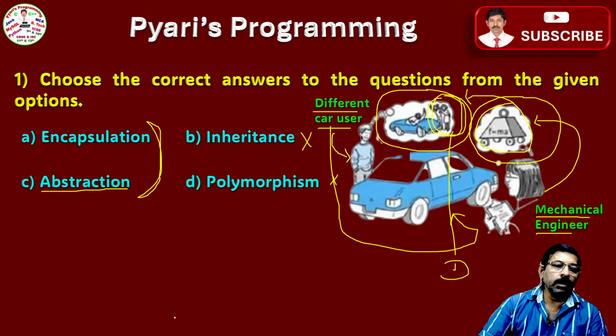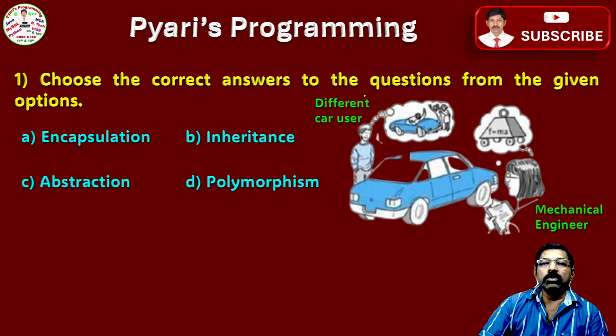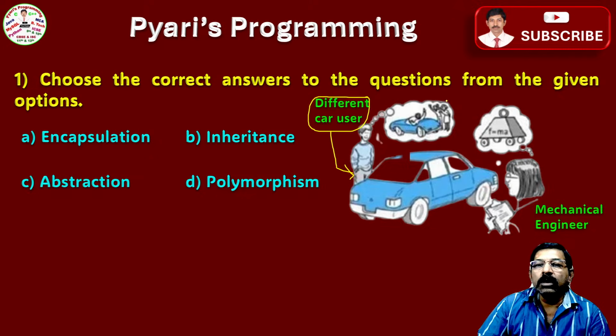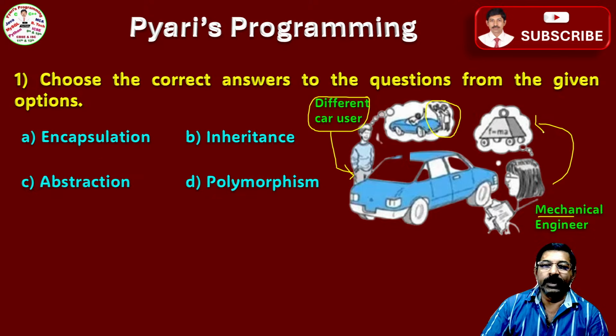Again I am repeating, different users are using this car. That's why other people are given in the figure, and the mechanical engineer is dealing with the concept, how exactly it is working, the motion of it. So both of them, different user and mechanical engineer, are dealing with this.